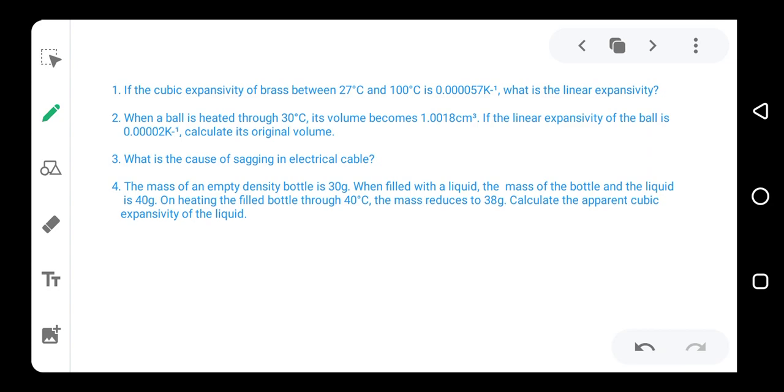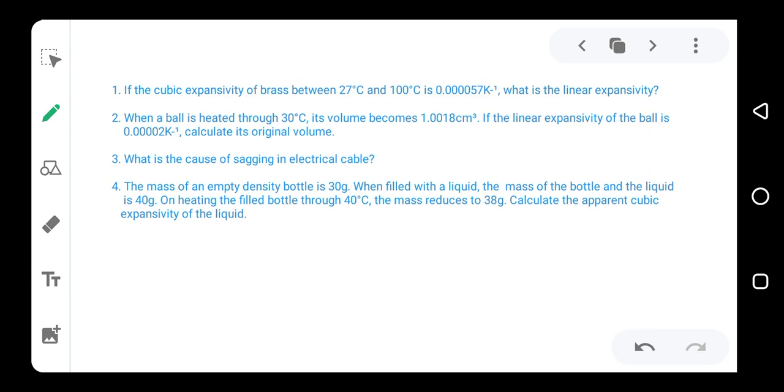It is a relationship, just like we talk about relative density. We are relating it with another thing. So in apparent cubic expansivity, we are relating the cubic expansivity of the object with the original expansivity of it.